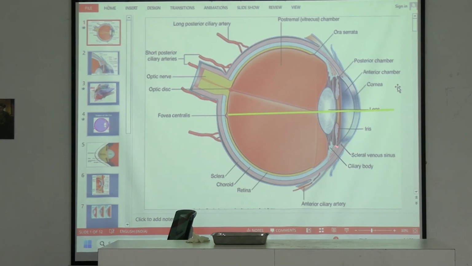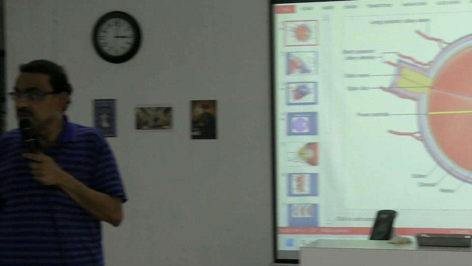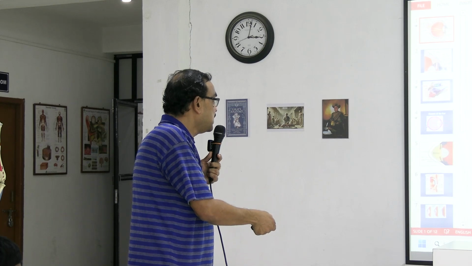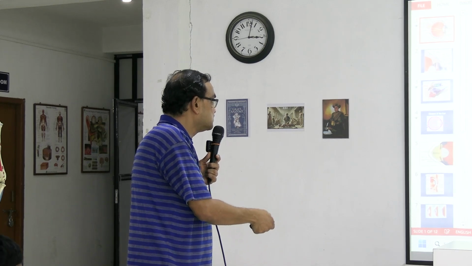The next area is the ciliary body, and the ciliary body is very important because we can find some processes, which are called the ciliary process, upon which the suspensory ligaments are attached. These suspensory ligaments are attached on the other side to the periphery of the lens.